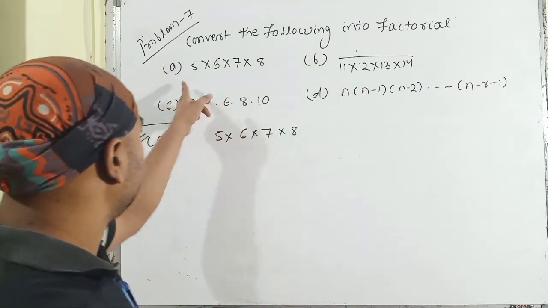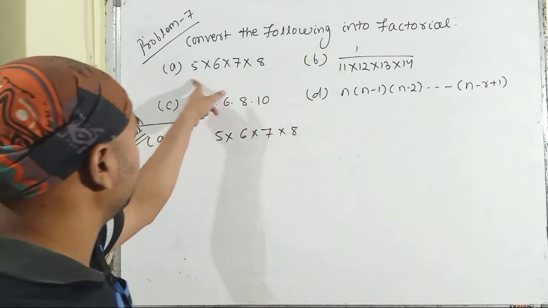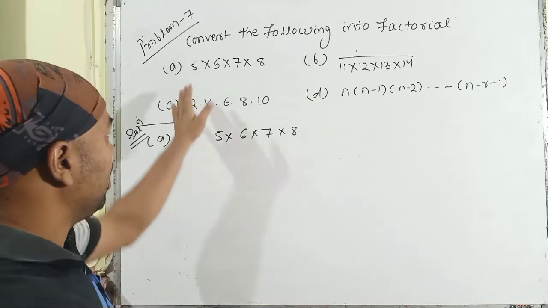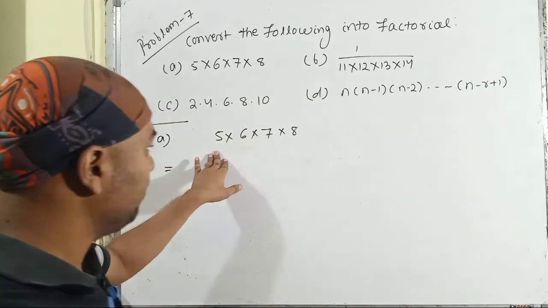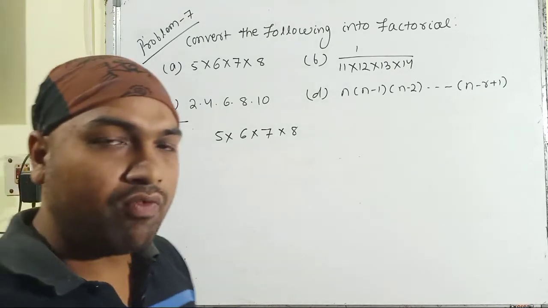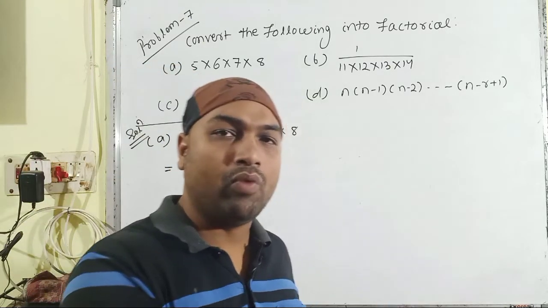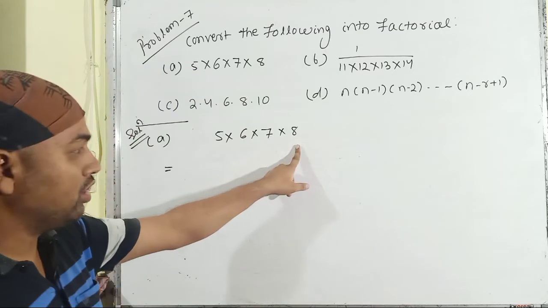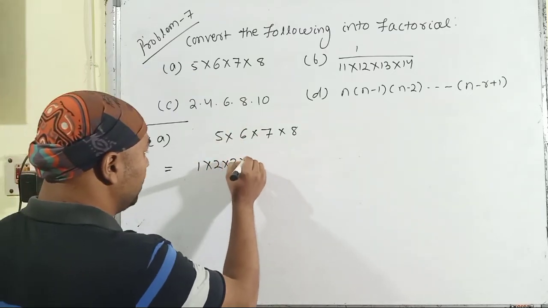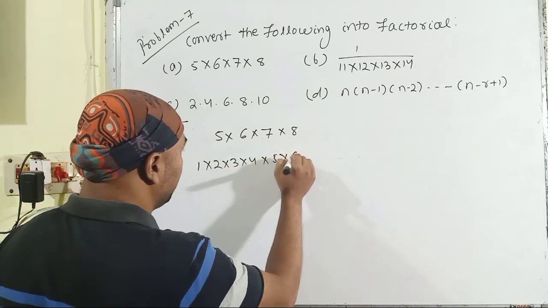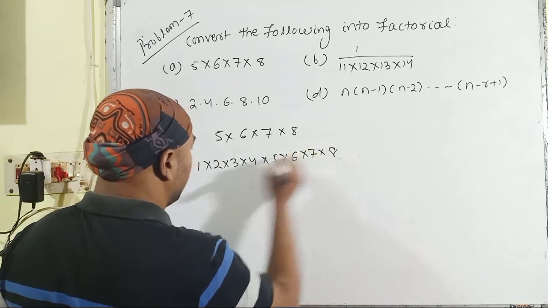But you can see that in the first bit those numbers are not like that. This is not the continued product from 1. So we have to express them as the continued product of all of the terms starting from 1 up to the last number, that means 8. So let us multiply 1, 2, 3 and 4 in the numerator as well as in the denominator.